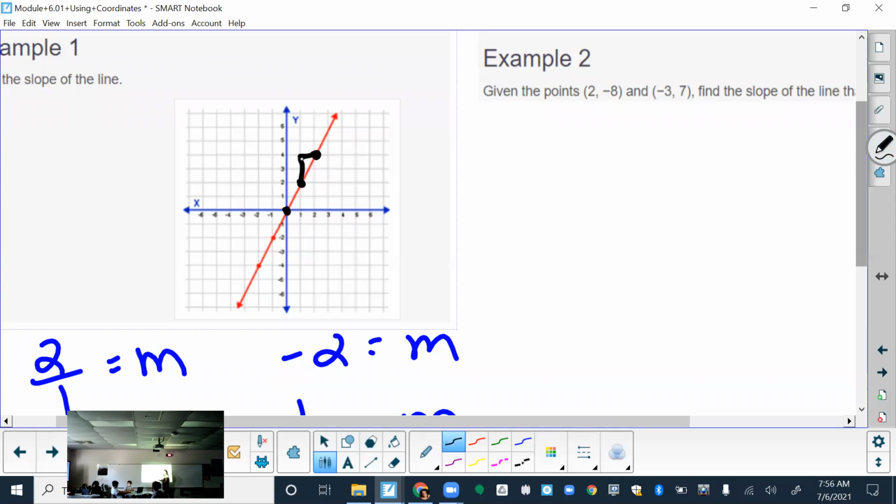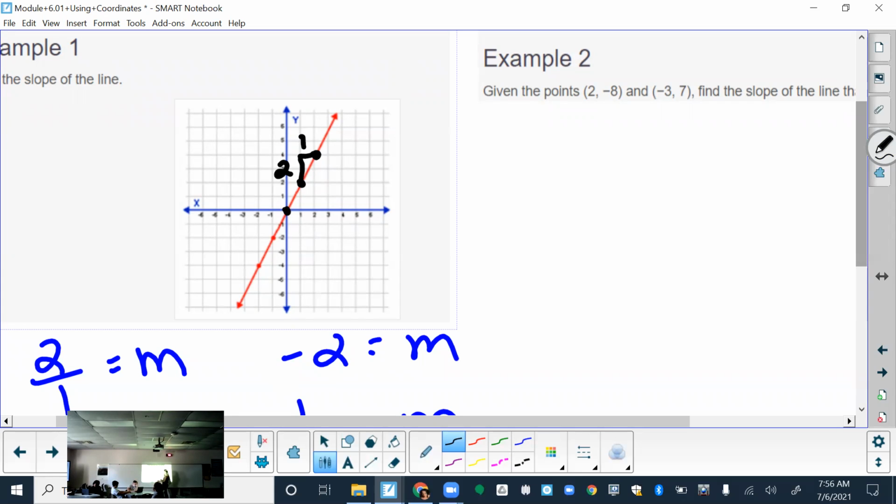So how much is it going up to go from this point to that point? 3? It should be 2. Don't count the first one. Oh, okay. And then count 1, 2, right? So it is 2. What is the run? How many spaces to get from here to here? 1.